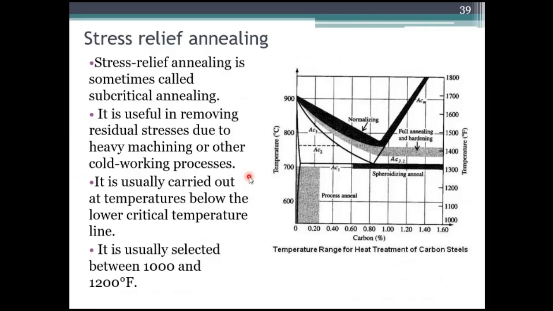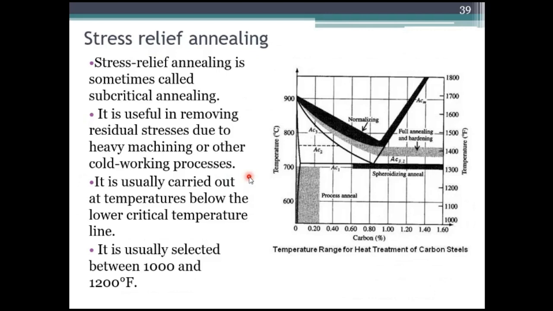The stresses which are held back in the material even after the machining force is removed, we call them residual stresses. To remove these residual stresses, we can go for stress relief annealing, or we can call this subcritical annealing.